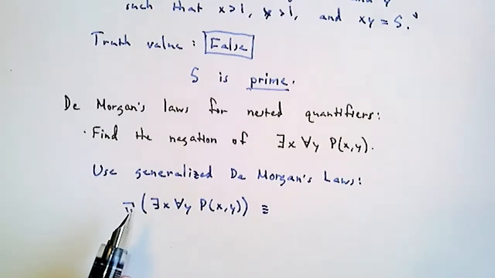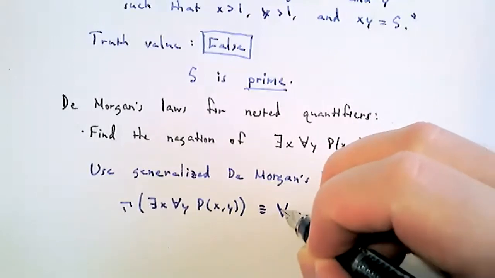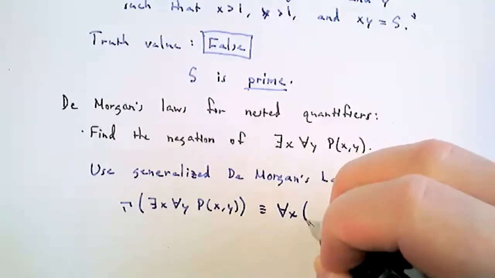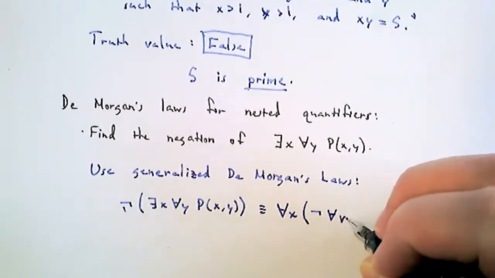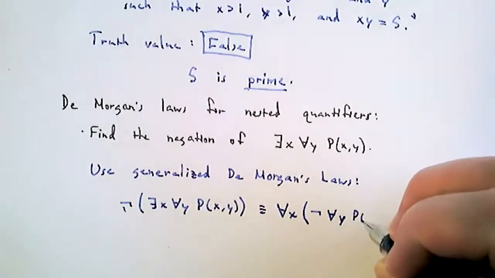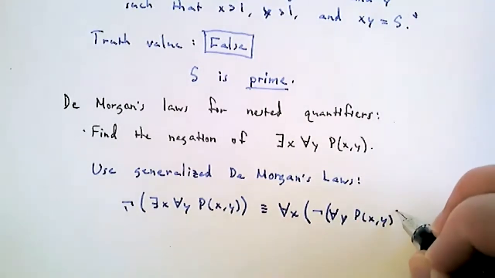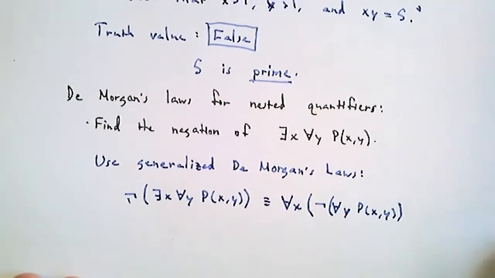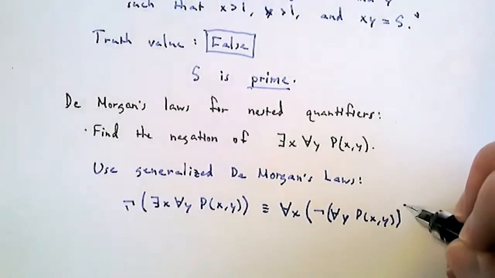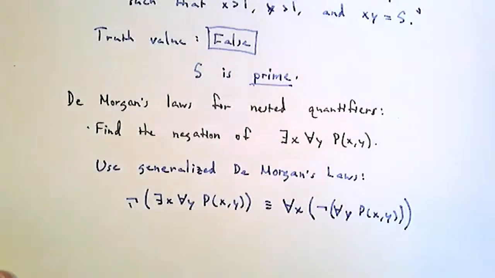So I would distribute this one inside of the existential and switch the existential to a universal. You wouldn't switch the universal yet. So that's what I'm going to do next.